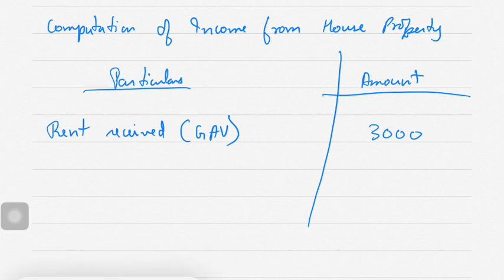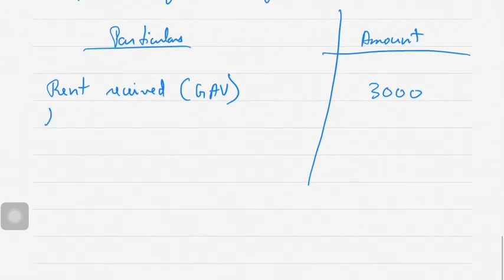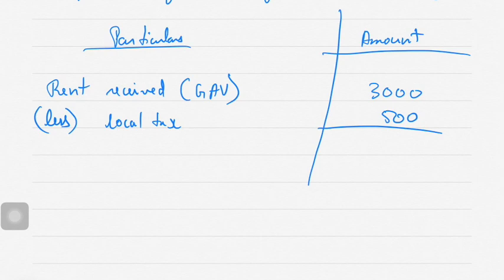So less, write down local tax or municipal tax 500.